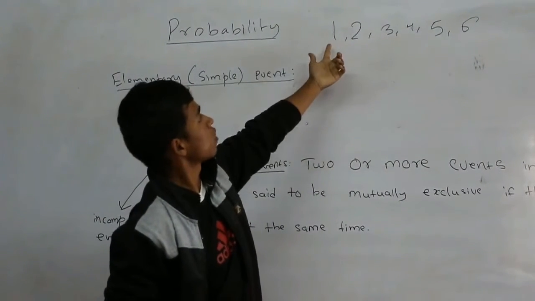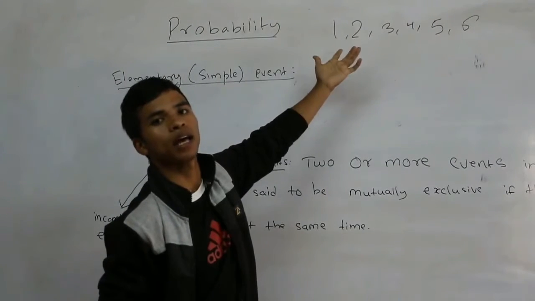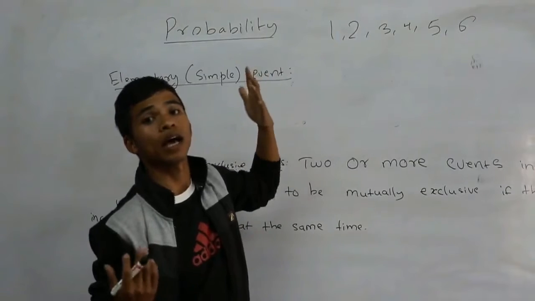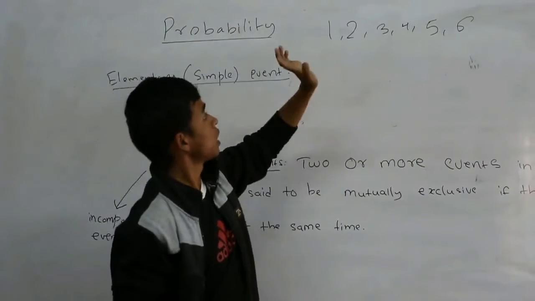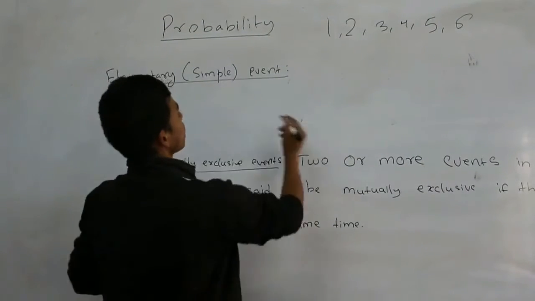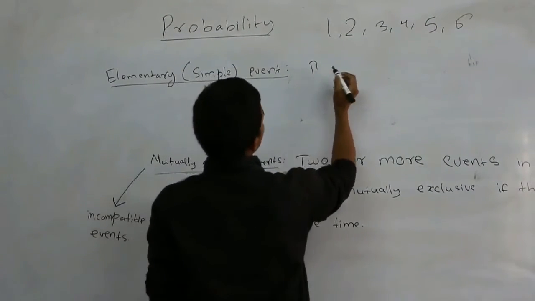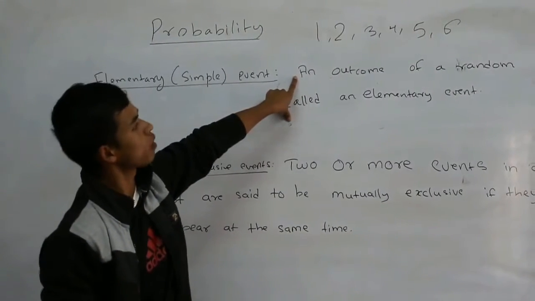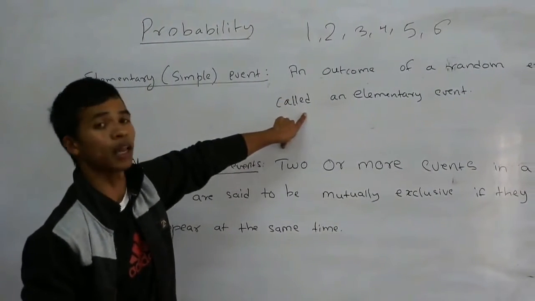So any single outcome of this is called an elementary event. So the event of getting 1 is an elementary event, and the event of getting 2 is an elementary event. So it's just a single event, an outcome, meaning only one. So an outcome of a random experiment is called an elementary event.